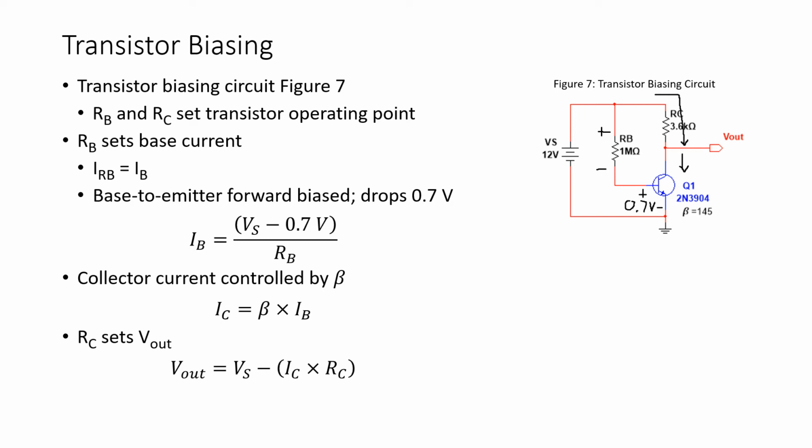It has no other path. And when my collector current, IC, flows through the resistor RC, it's going to make some voltage drop across that resistor RC. So the output voltage will be equal to the supply voltage, 12 volts, minus the collector current times the value of the collector resistor.